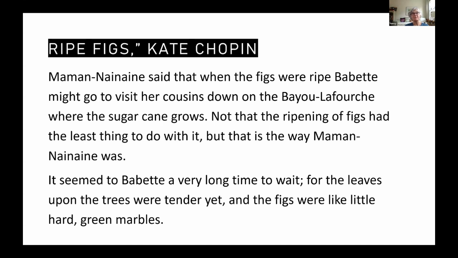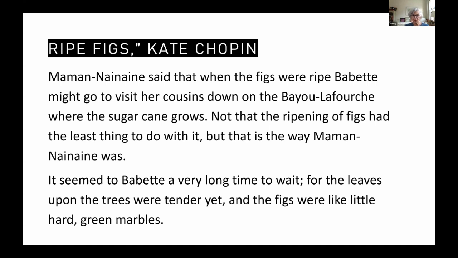It's seen to Babette. So now we know that this is going to be a story basically through Babette's consciousness. And it's going to be about a coming of age story, maybe. And that coming of age is sort of symbolized by the ripening of figs.